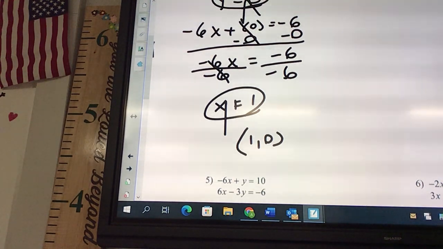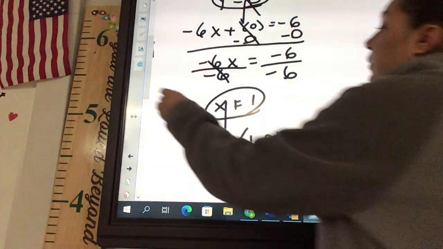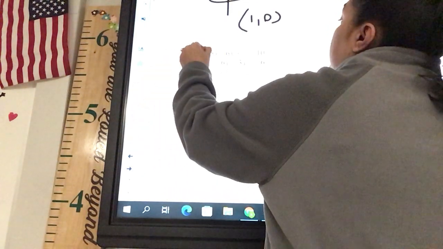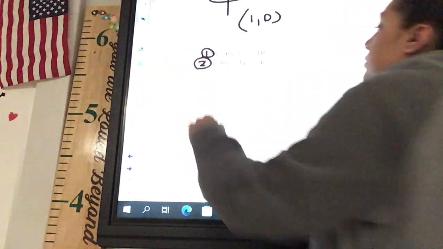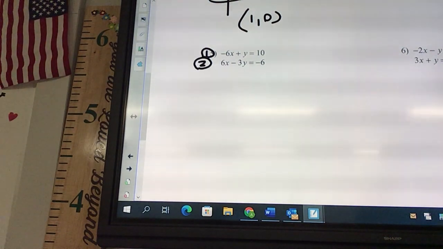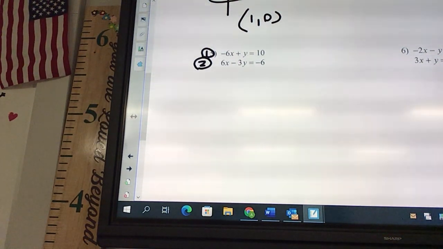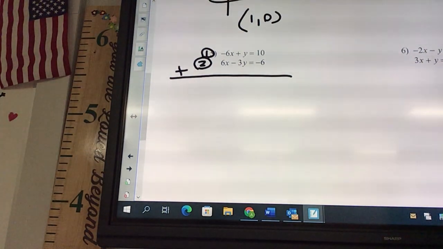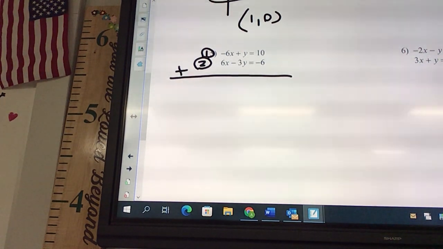Okay, 5. You're gonna label equation 1, equation 2. Okay, we're gonna add the two equations together. What's gonna cancel? The x's or the y's? The x's. Okay, we got one with a -6, one with a +6.